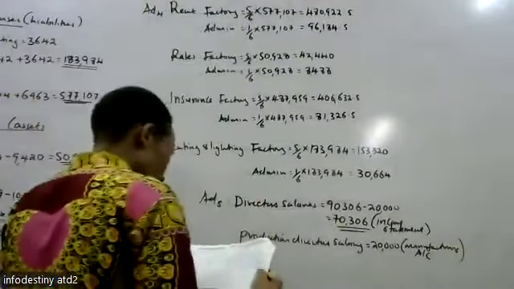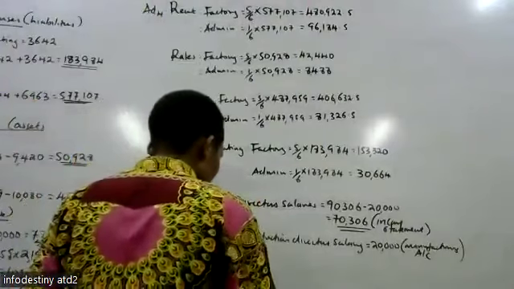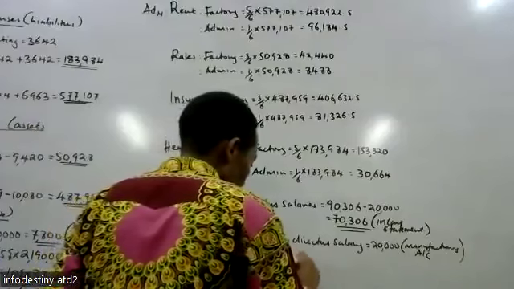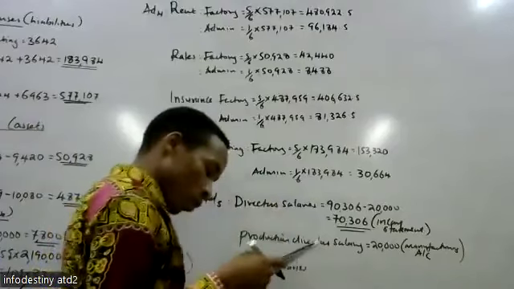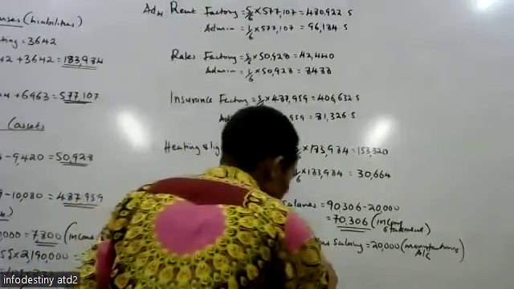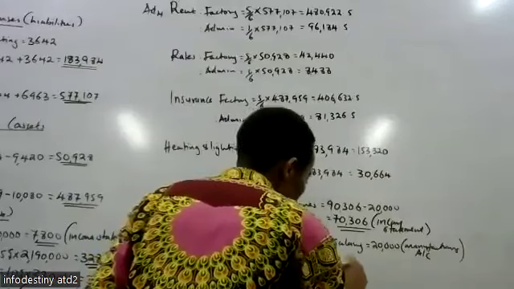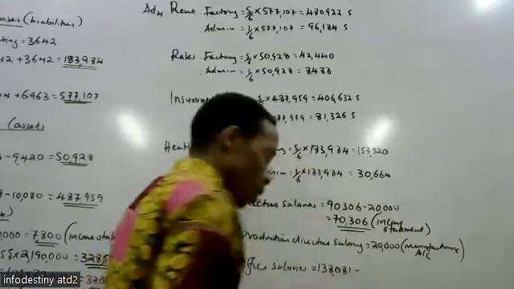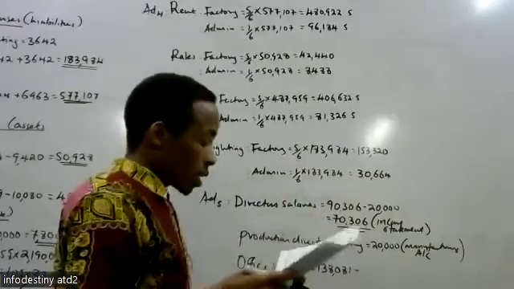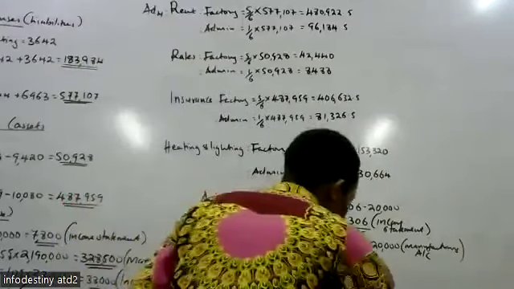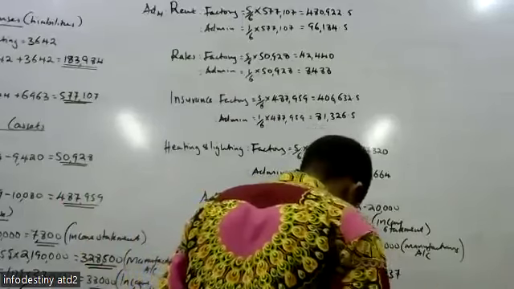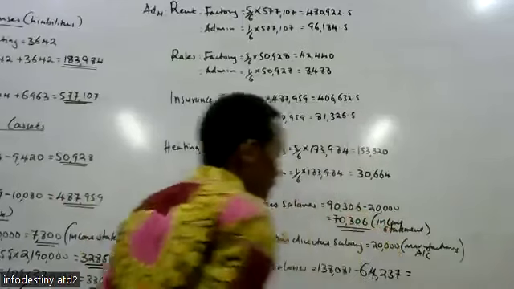Then on the same, we have the office salaries. The office salaries were given an amount of 138,081. And we have been told that included in these office salaries there is 64,237, which belongs to salesmen. So we deduct that amount.